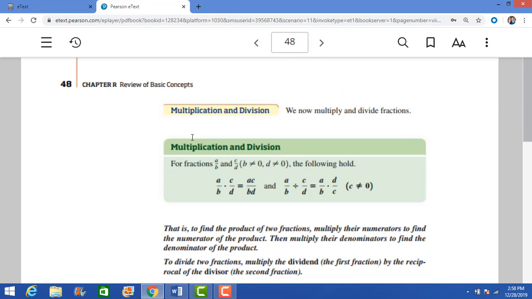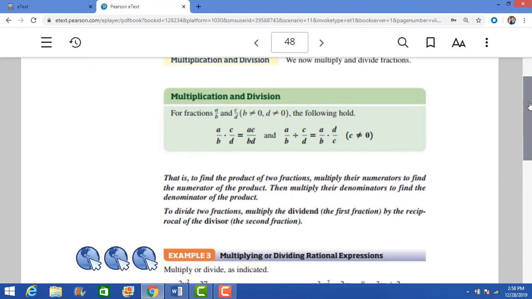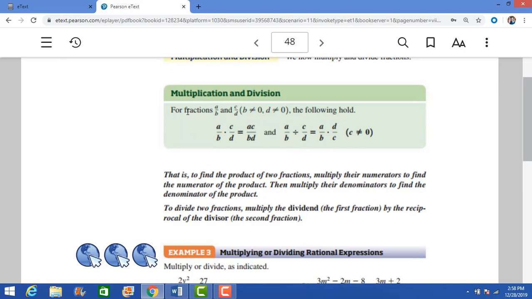Okay, so next, multiplication and division. So here are the properties for multiplication and division of fractions. Okay, so if you have two fractions, a over b and c over d, again, b and d are not zero, you can multiply fractions by multiplying across the top and multiplying across the bottom. So AC divided by BD.